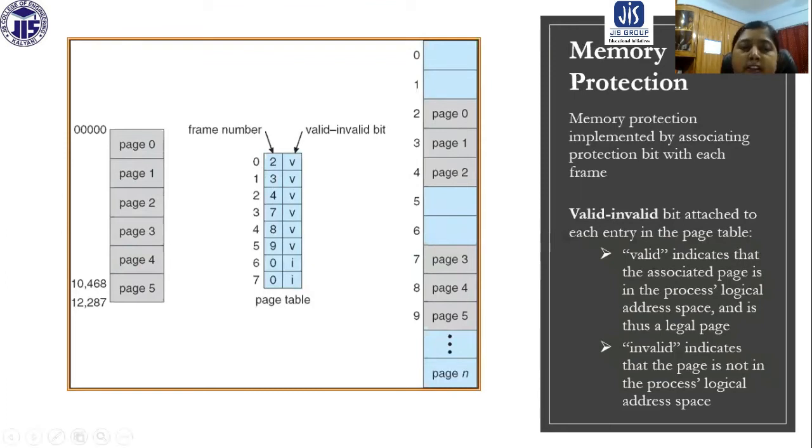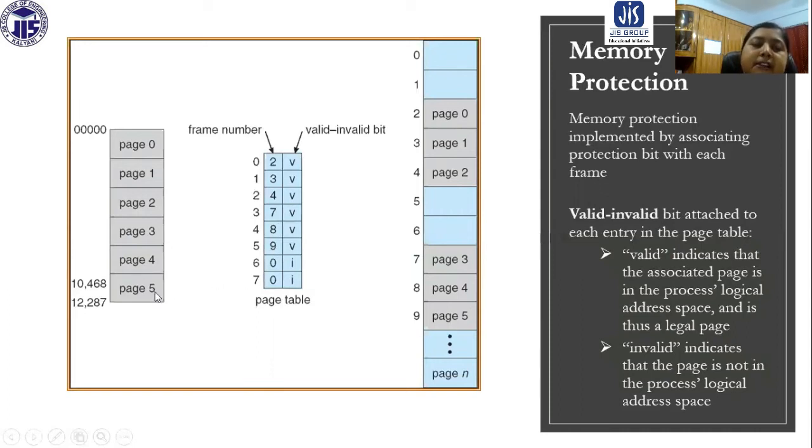For page number 2, 4 is the frame number and it is also valid. For page number 3, 7 is the frame number, it is also valid. For page number 4, 8 is the frame number and it is also valid. And for page number 5, 9 is the frame number and it is also valid.